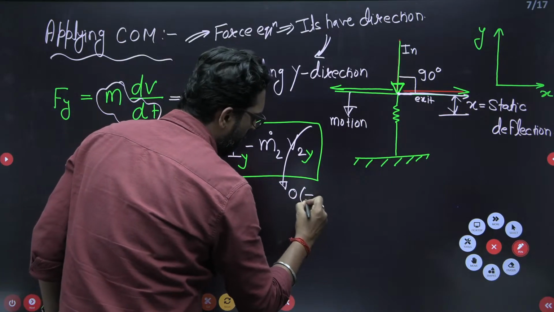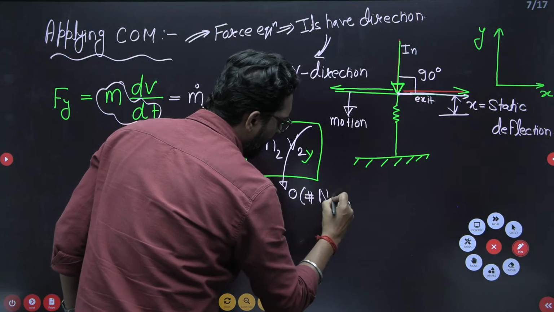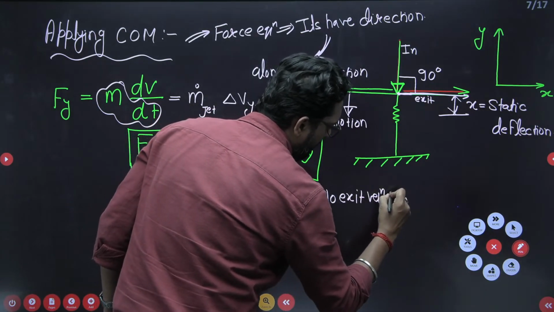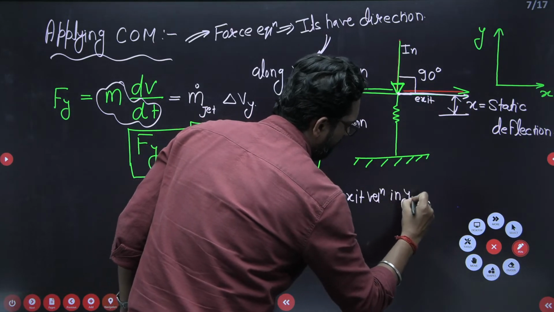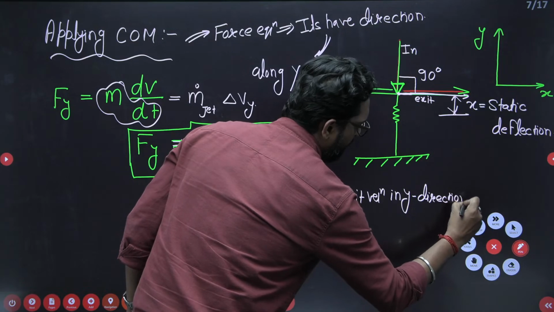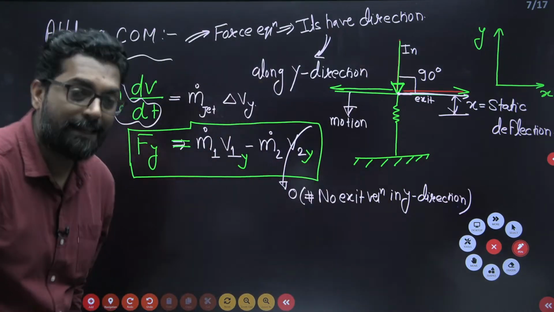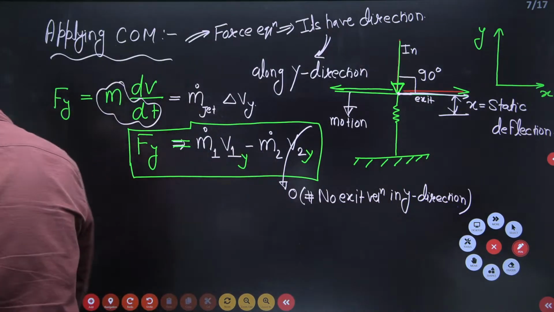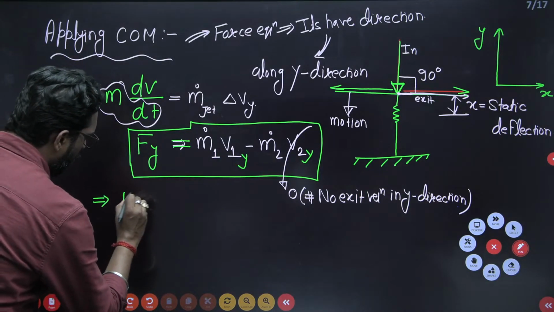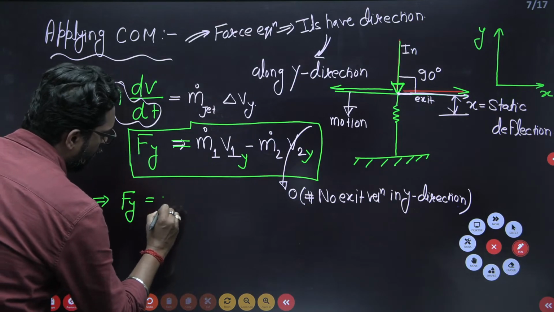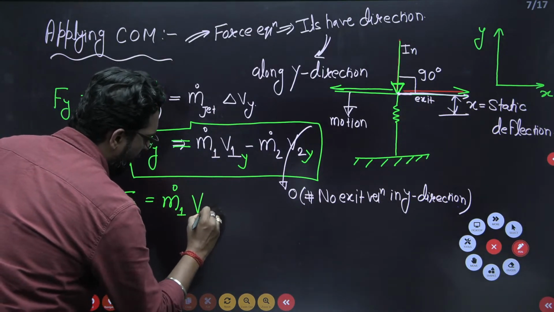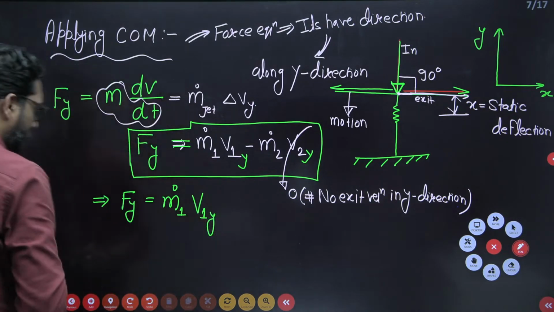There is no exit velocity in y direction. So ultimately, force in y direction is equal to mass flow rate at inlet times velocity at inlet in y direction.